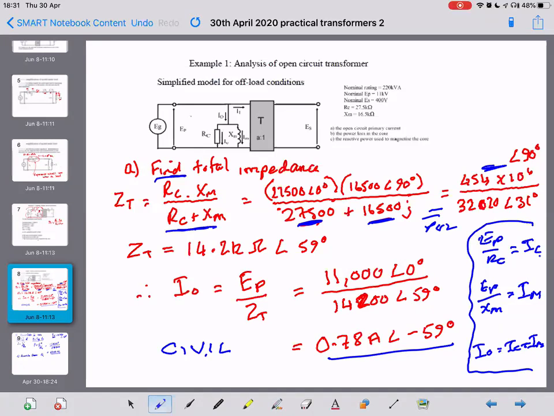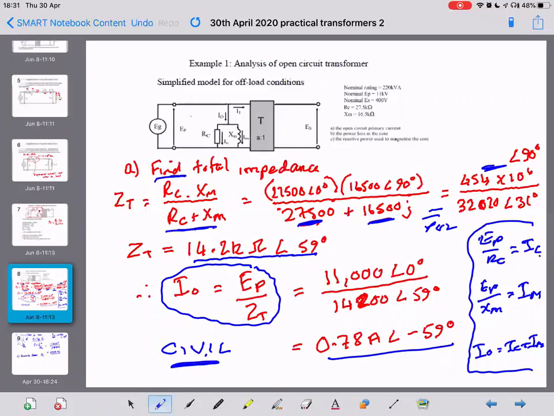Then doing that polar division, we end up with a total impedance of 14.2 K ohms, angle 59 degrees. You can then use that total impedance in Ohm's law with the voltage to find the total current, which is 0.78 amps, angle minus 59 degrees.